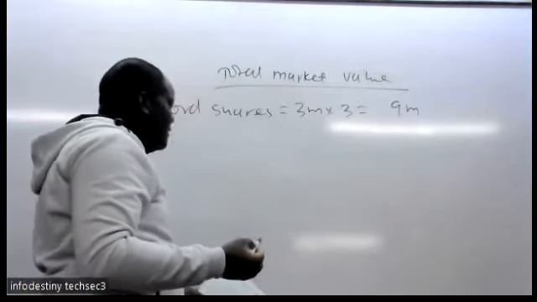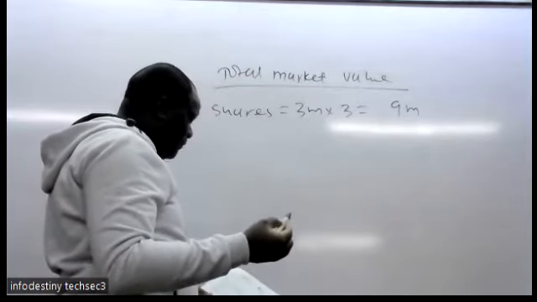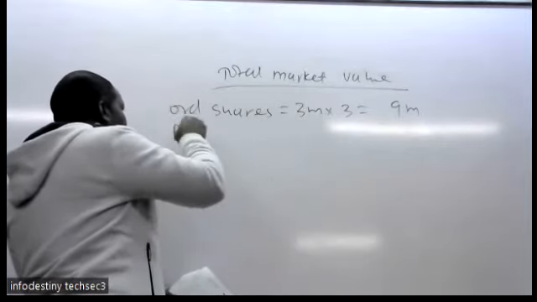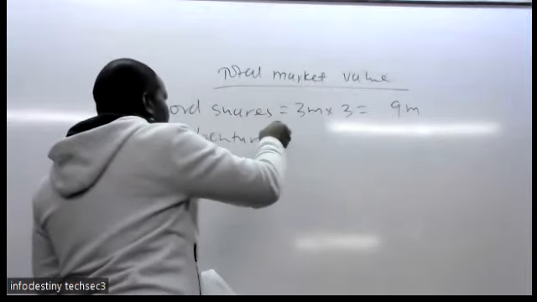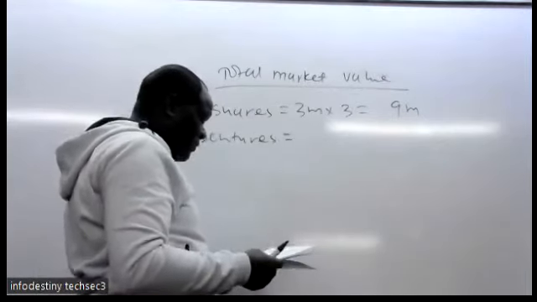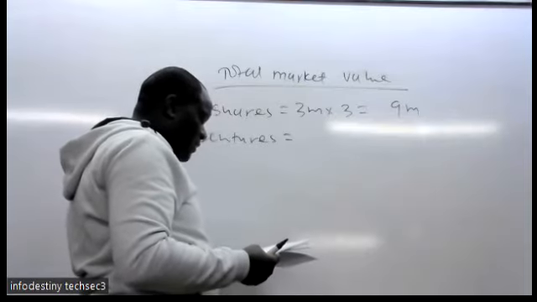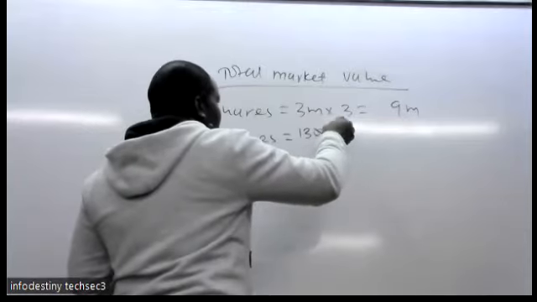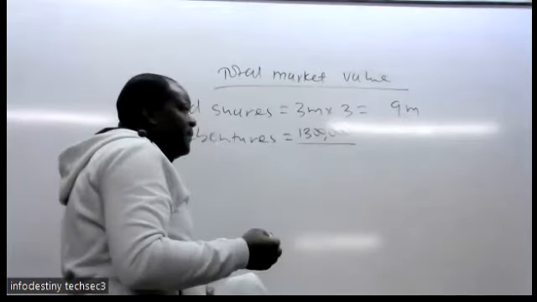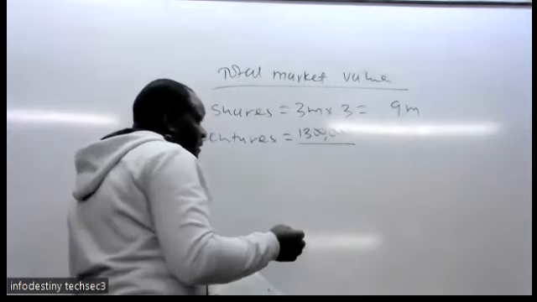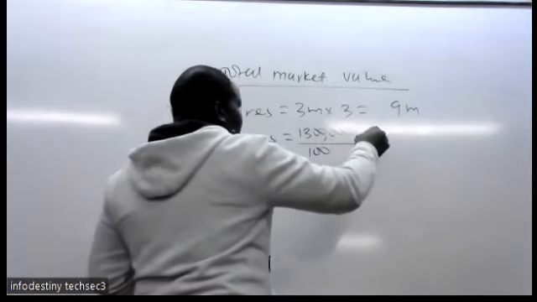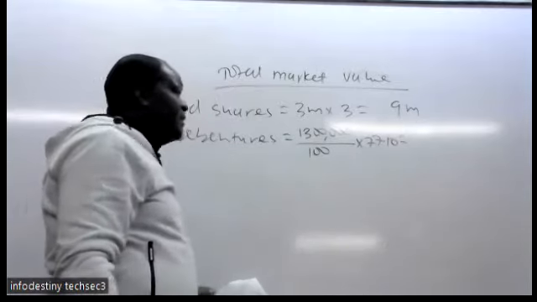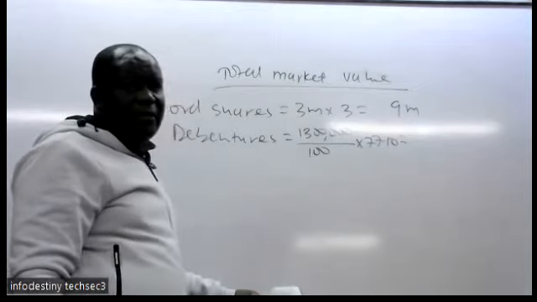Then the next one is the debenture, or the debt. They gave you 1.3 million. The par value is meant to be 100, but they are currently trading at 77.10.